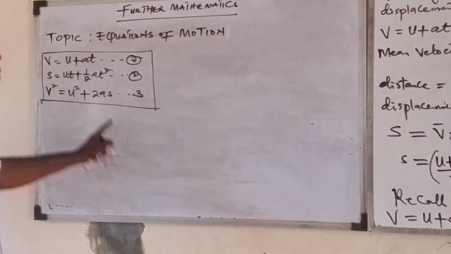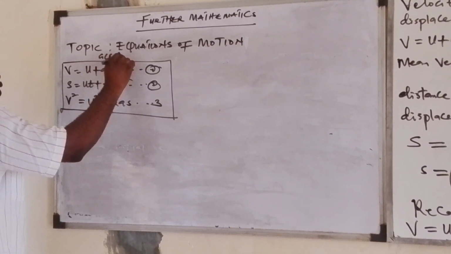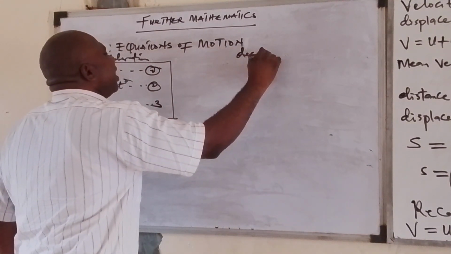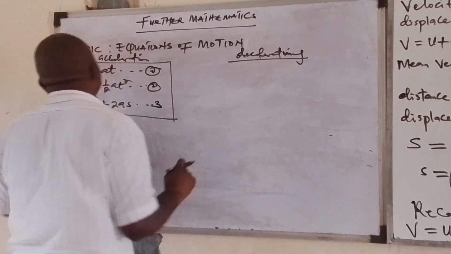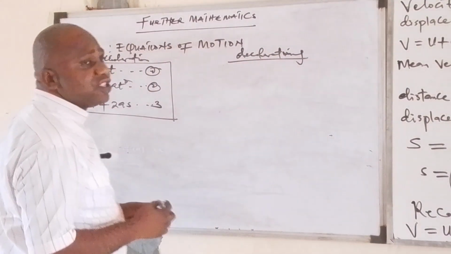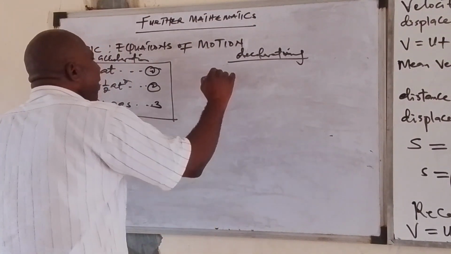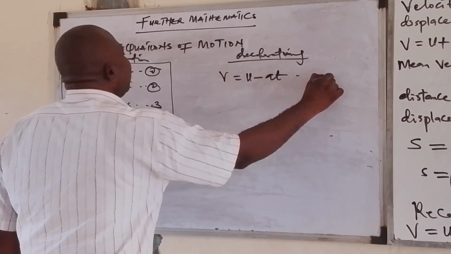So if this body is decelerating, and deceleration is the negative aspect of acceleration, deceleration is negative acceleration. So here our v will be equal to u minus at, equation 1.